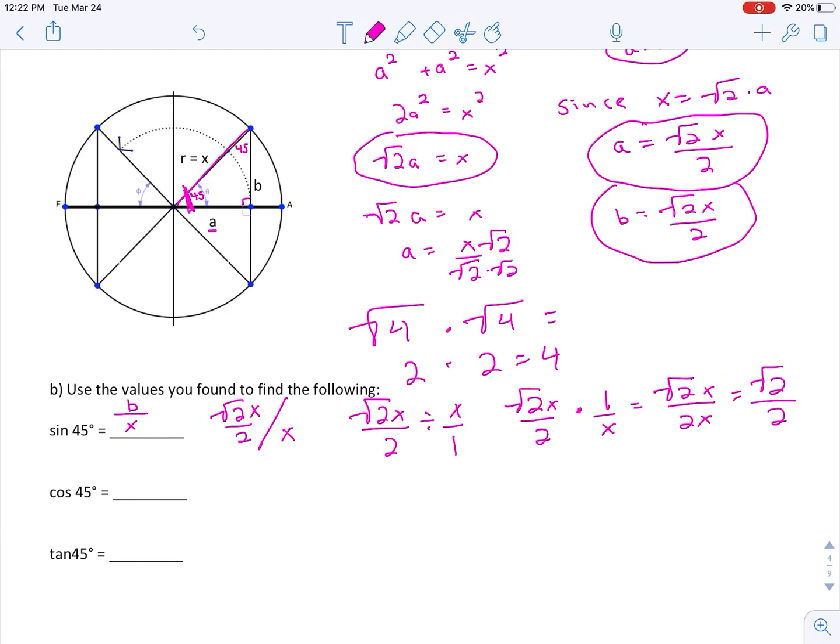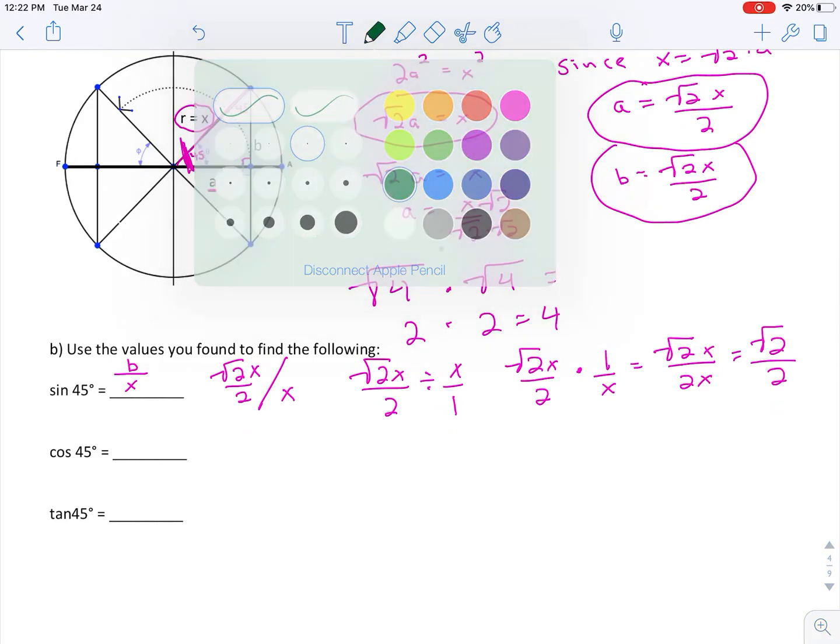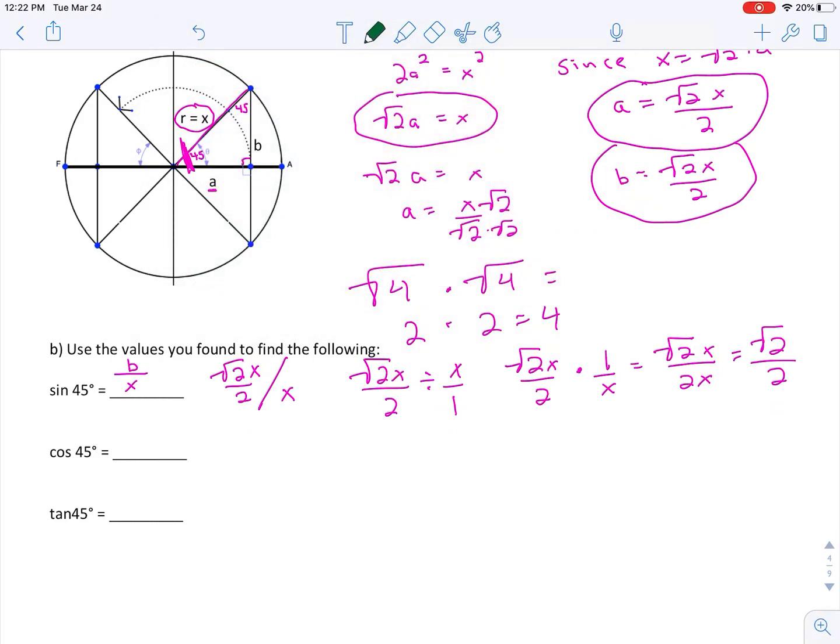So cosine 45. Well, cosine is adjacent over hypotenuse. Remember we're getting all of this in terms of x. Let me redraw this so it's a little bit clearer. It's getting a little jumbled up there. If I redraw that triangle in green down here, I think it'll be easier to see what's going on.